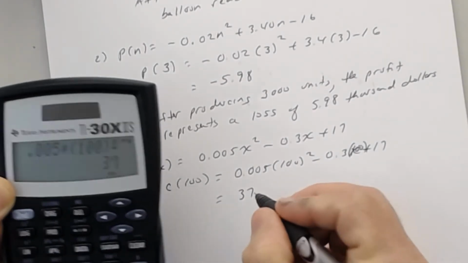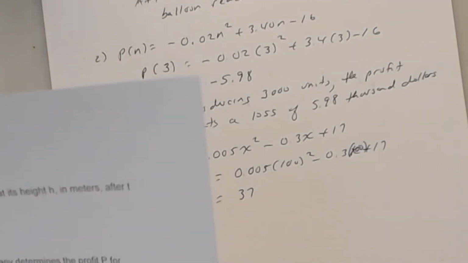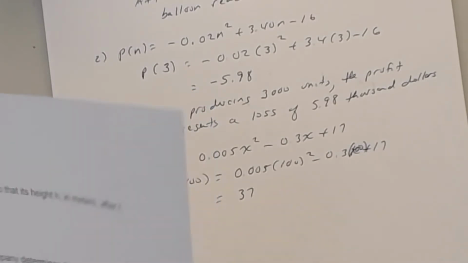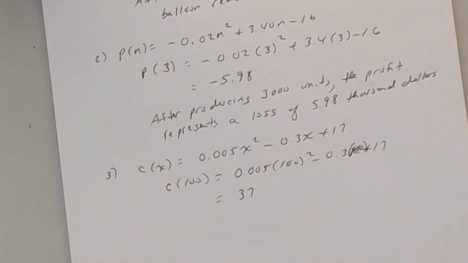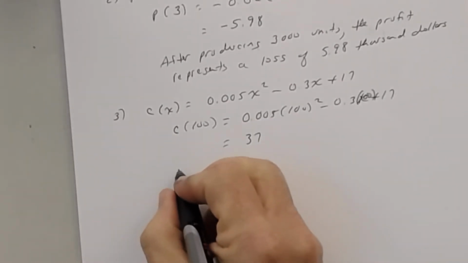Now, I'm assuming I did not make an error. Did you all get 37? All right. So remember, C of x stood for the cost of producing x coolers. So what's the cost of producing 100 coolers? $37.